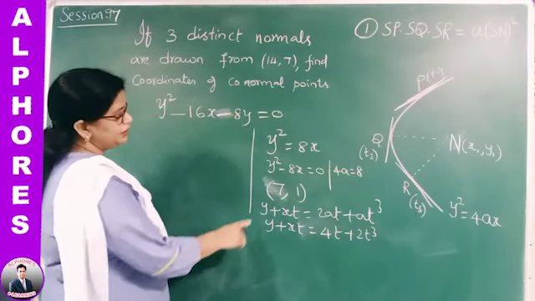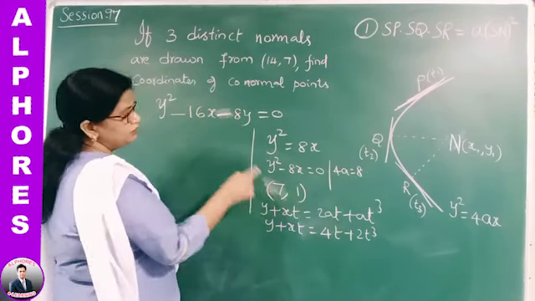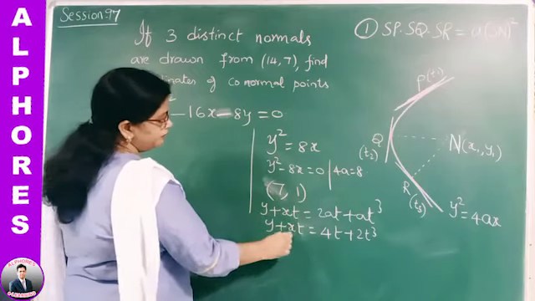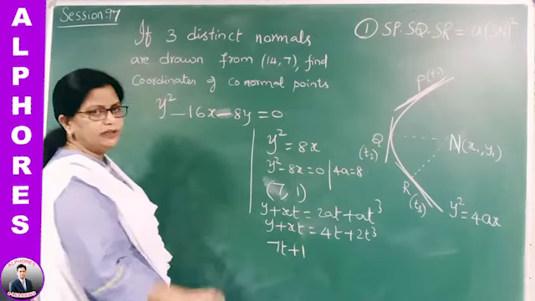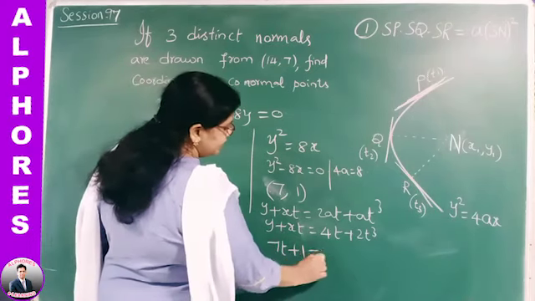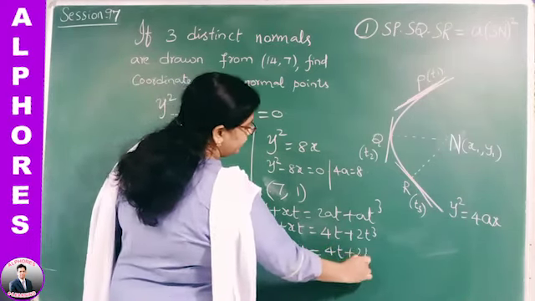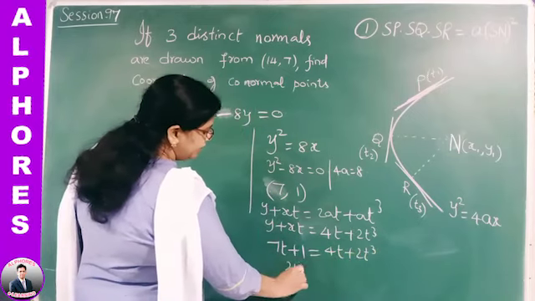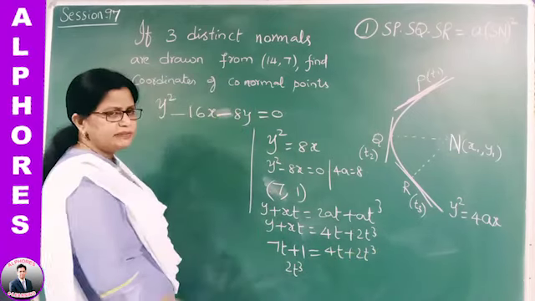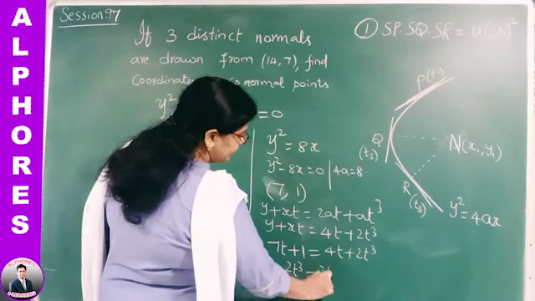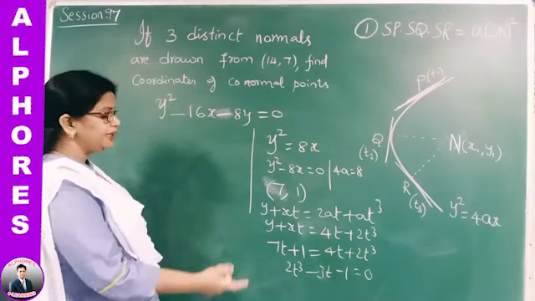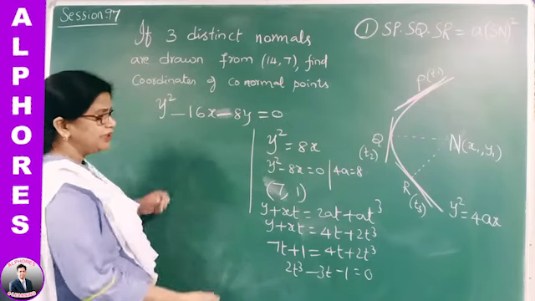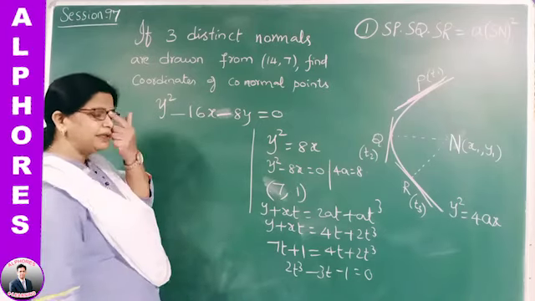Then if the normals pass through 7, 1, I write 7t plus 1 equal to 4t plus 2t cube. Then students, you can write 2t cube minus 3t minus 1 equal to 0.